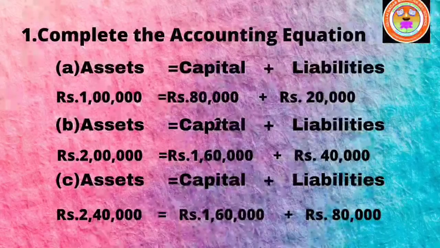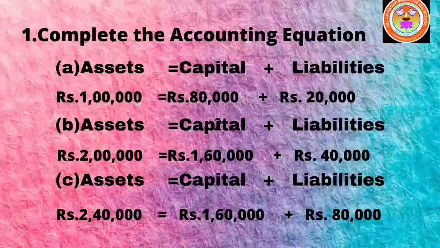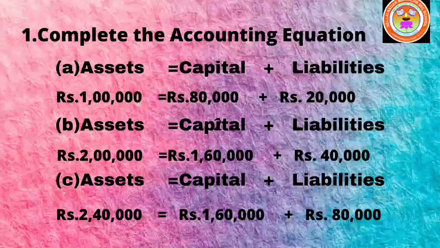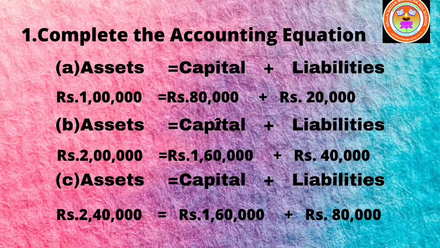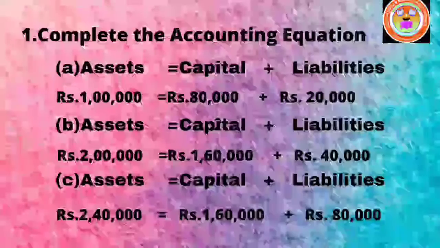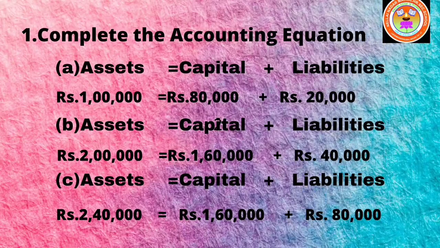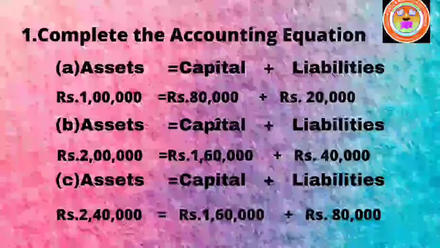That is your asset amount. Do you understand, children? This is very easy to find the missing figure. You may face these types of sums in your 2 marks and 3 marks.